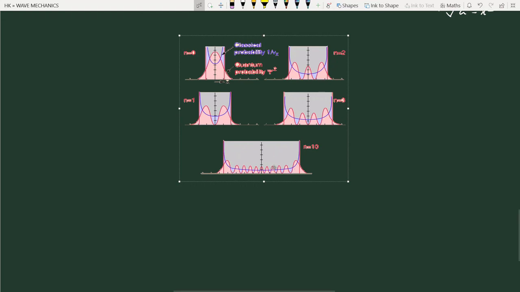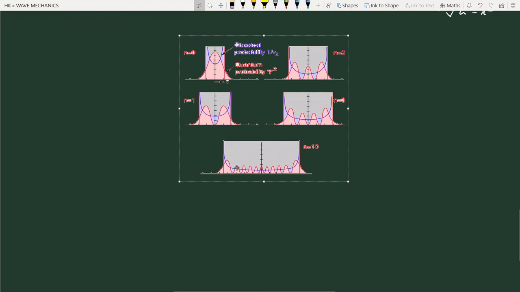There are n nodes and n plus 1 maxima, and you see that even though there is a fluctuation, what is the overall behavior? You can see that the amplitudes towards the mean position are smaller, while the amplitudes of the probability density plot towards the extreme positions are larger.